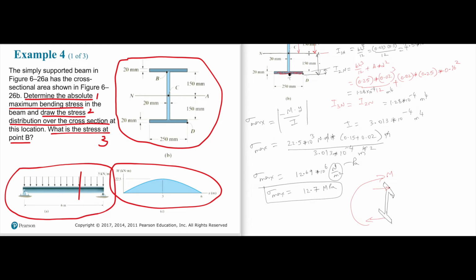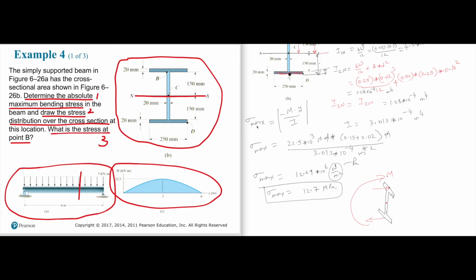Exactly on the neutral axis, what happens to the stress? Or what is the value of stress? Apply the formula, moment times y. What is y? y is the distance from the neutral axis to the point of concentration. Where is the point? On the neutral axis. That means y is 0.